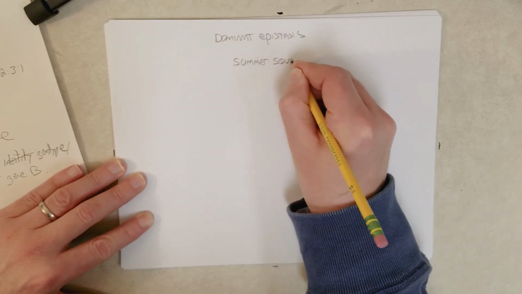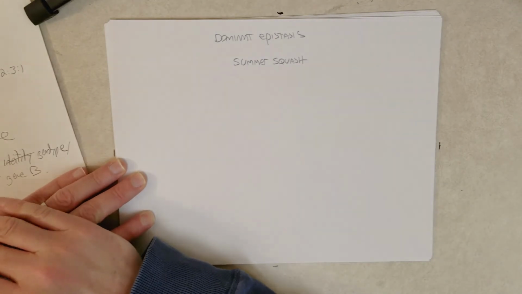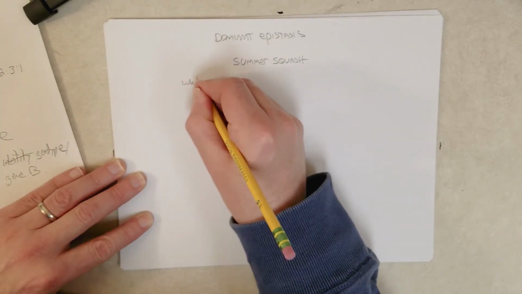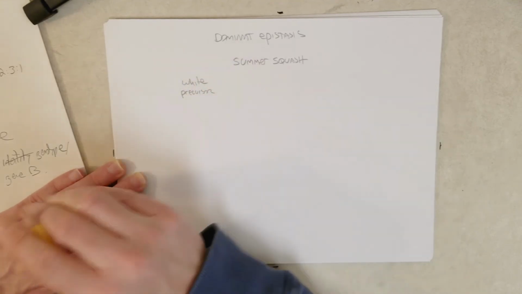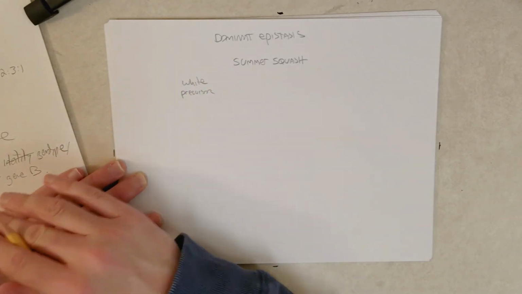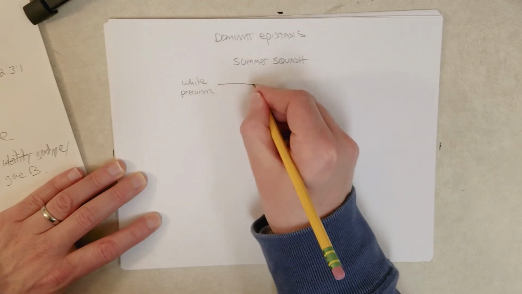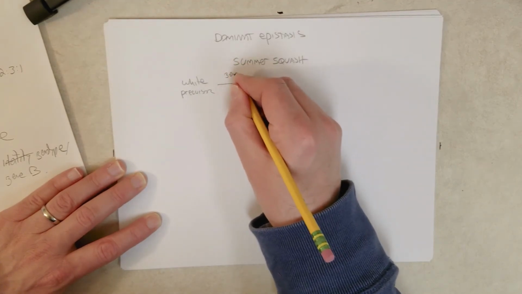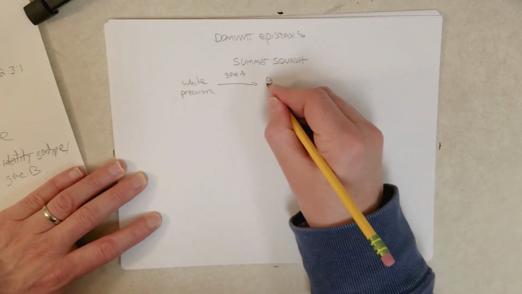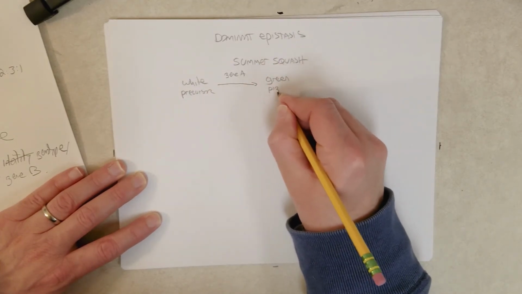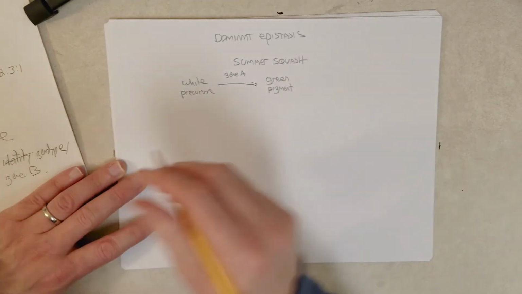Summer squash. Now, this is a neat example because here we have a white precursor molecule, and we have a gene, gene A, which is responsible for turning the white precursor into a green pigment to give us a green summer squash.